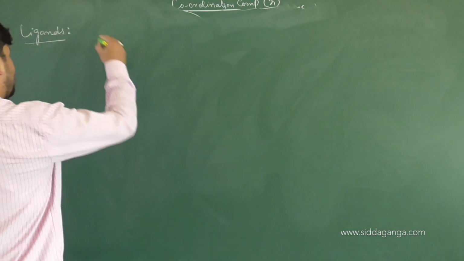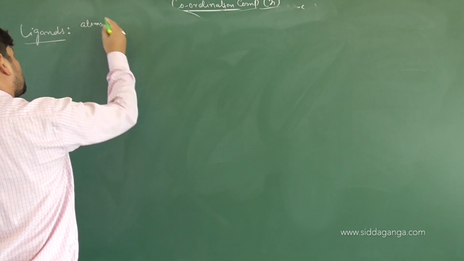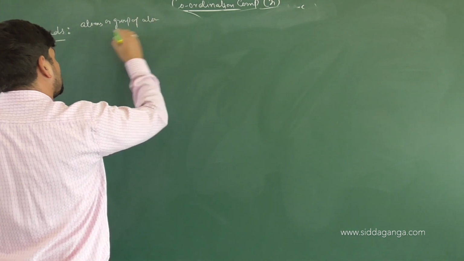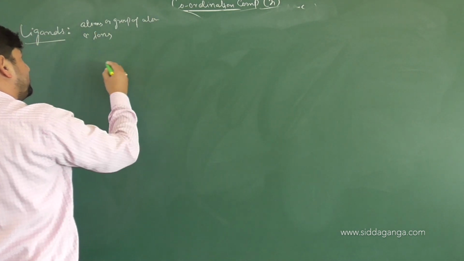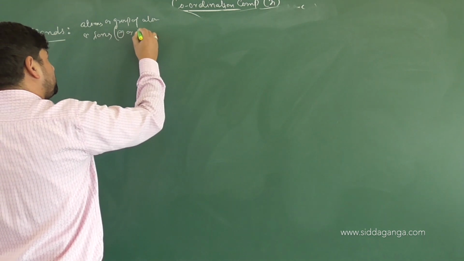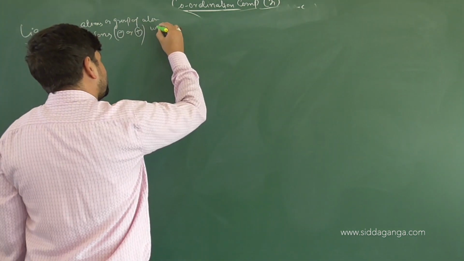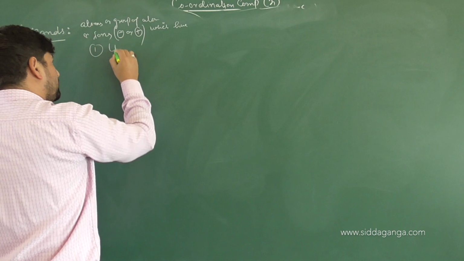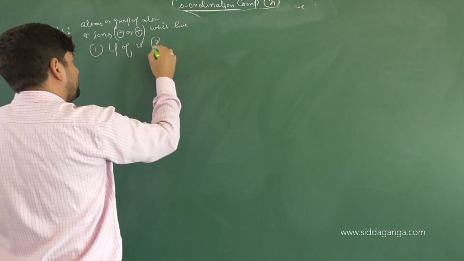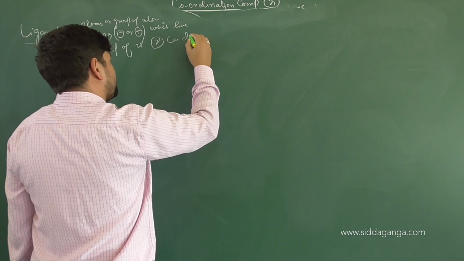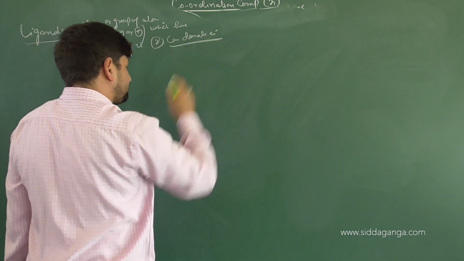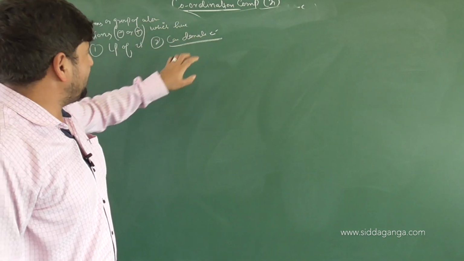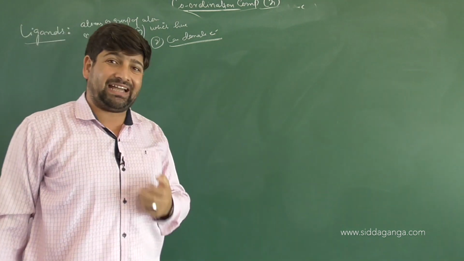Ligands are atoms or group of atoms or ions. When I say ions, it can be negatively or positively charged, which have, number one, a lone pair of electrons, and number two, importantly, can donate electrons. So if an atom has a lone pair of electrons and is in a position to donate the electrons as well, we call such atoms or group of atoms ligands.